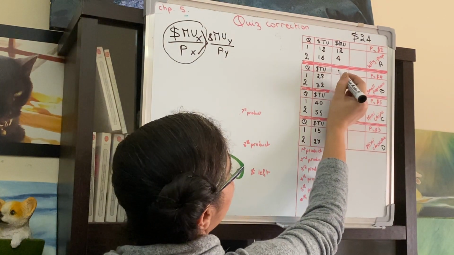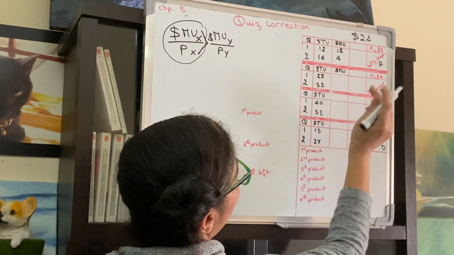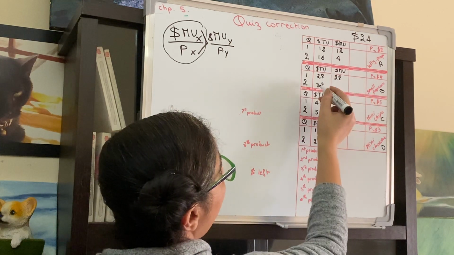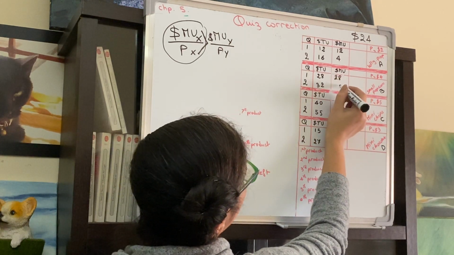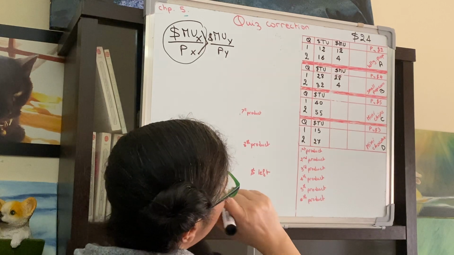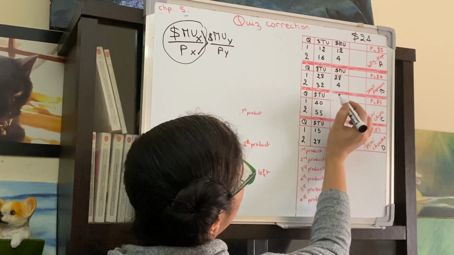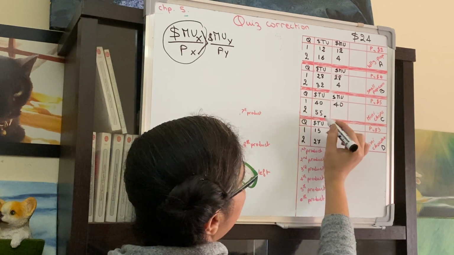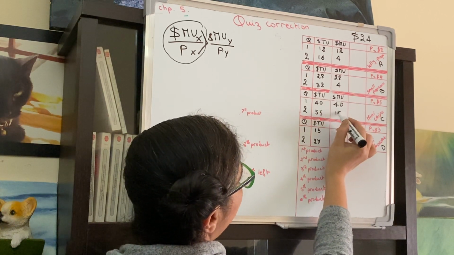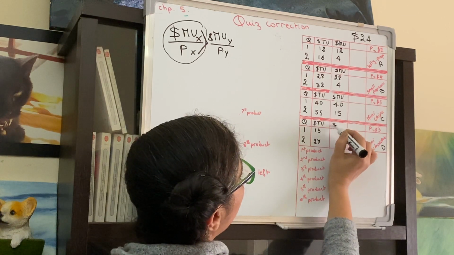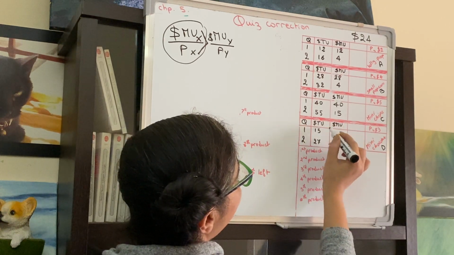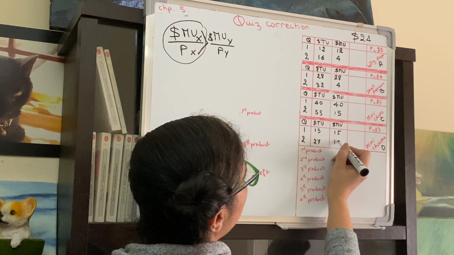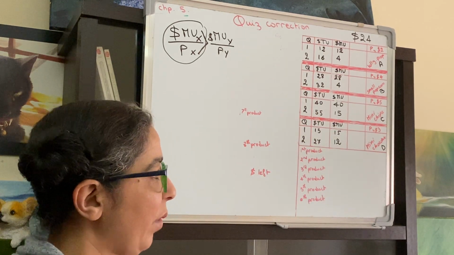Here, first total utility and marginal utility are equal, so for the first unit, it's 28. Then 32 minus 28, that's 4. Here, first unit, it's the same, 40. And here, it's 55 minus 40, that's 15. Dollar marginal utility here, 15 for the first unit, and then 27 minus 15, that's 12. Okay?